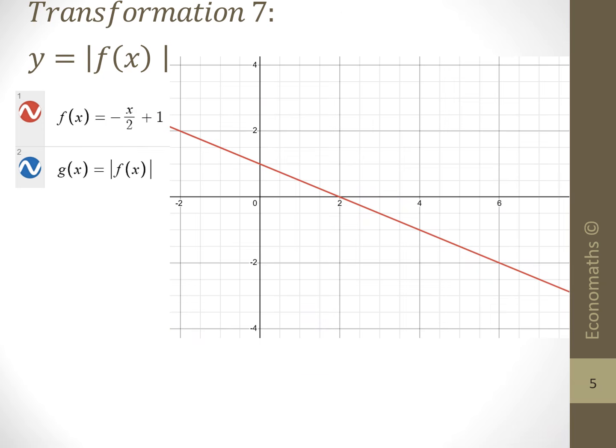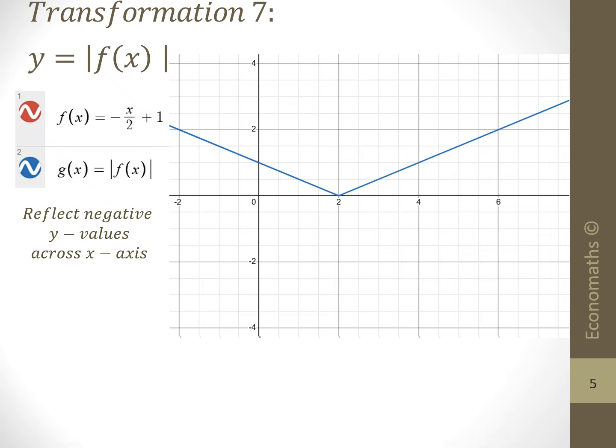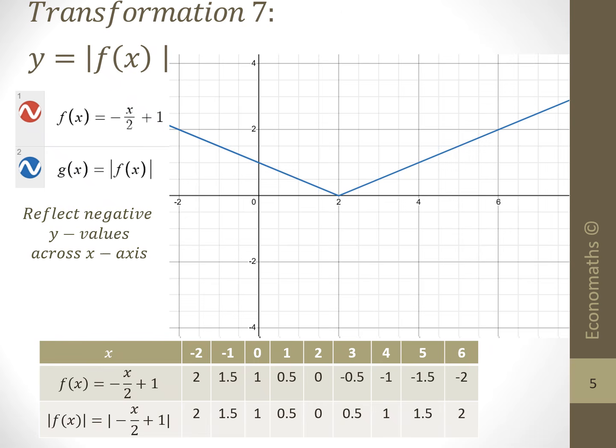Transformation number 7, where we have the modulus outside of the function f of x. All of the positive y values stay exactly where they were before, and the negative y values get reflected across the x-axis.